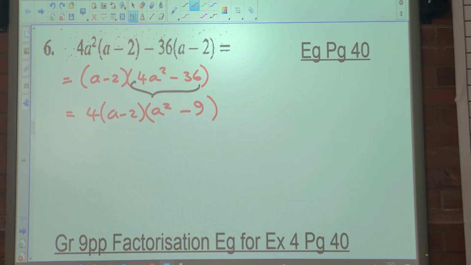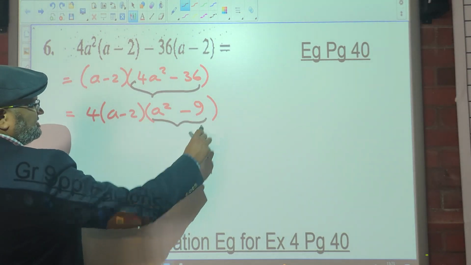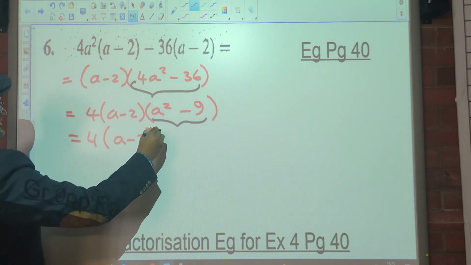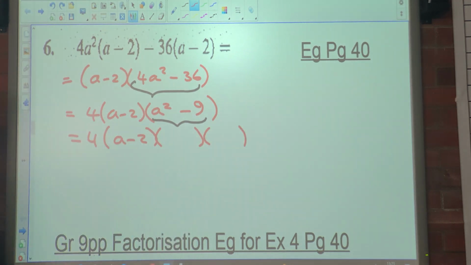So what type of factorization in the second bracket? Apply a difference of two squares.